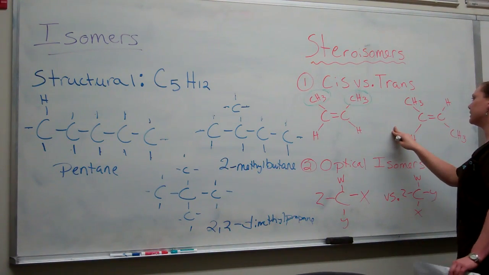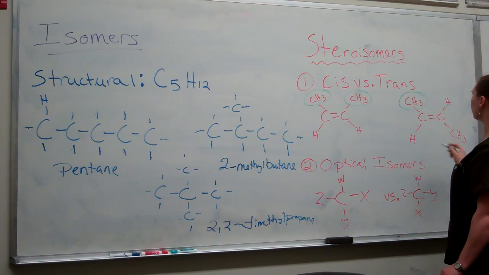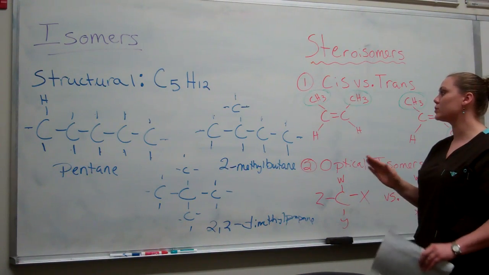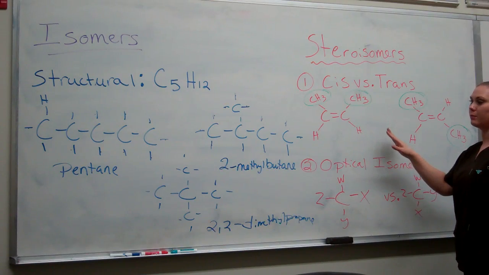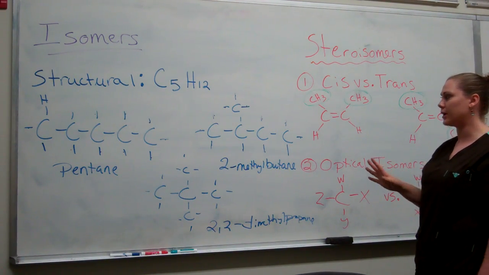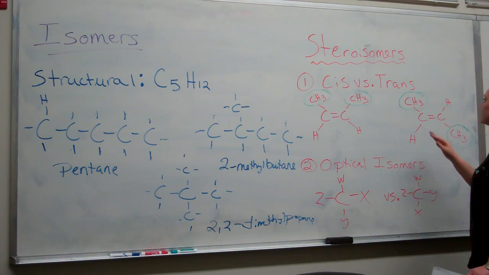Now, trans are going to be opposite of one another. You're going to have a CH3 on top and a CH3 on the bottom. And most of the examples you're going to be giving will look most of the time like this around a double bond. Occasionally you might have aromatic cis or trans, but most of them you're going to have in this linear form. So this would be a trans because they're opposite of each other.